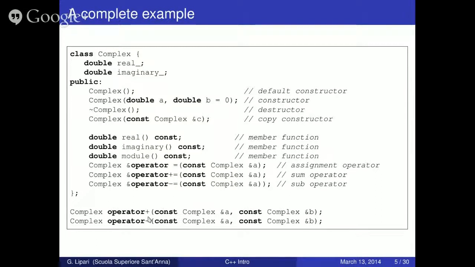The operator plus here just sums complex A with complex B and returns a complex, so a new object. Instead, operator plus equal sums A to the current object on which this is applied and returns a reference to the current object. So there is some difference between the operator as a member function and the operator as a global function.